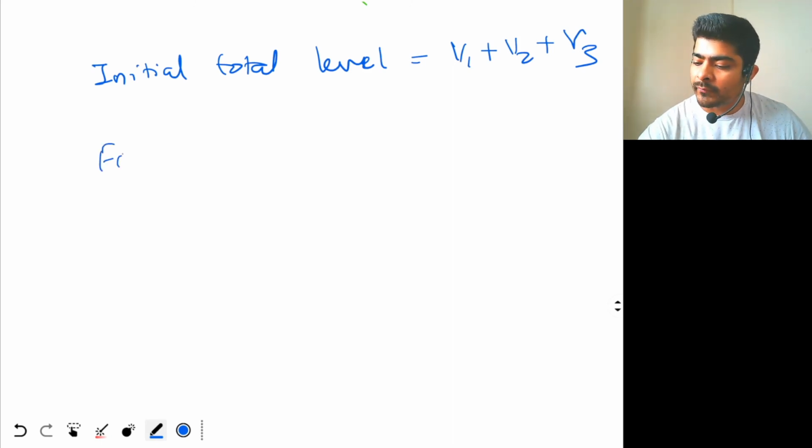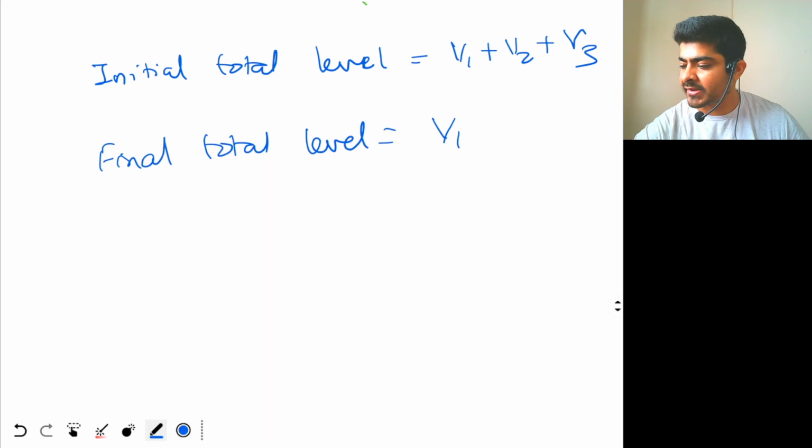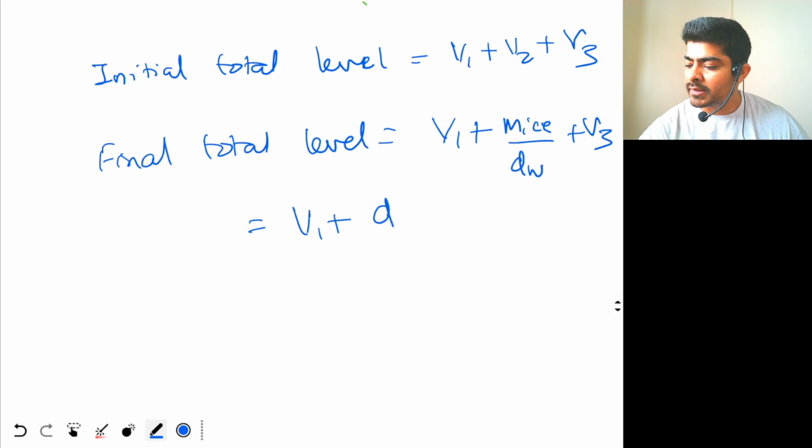What is the final volume? The final total level will be: water did not change, water is as it is, but ice has melted. So mass of ice divided by density of water is the new volume of molten ice, plus the volume of oil V3. So this is V1 plus di V2 by dw plus V3.